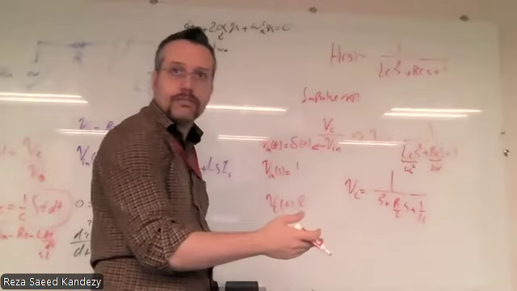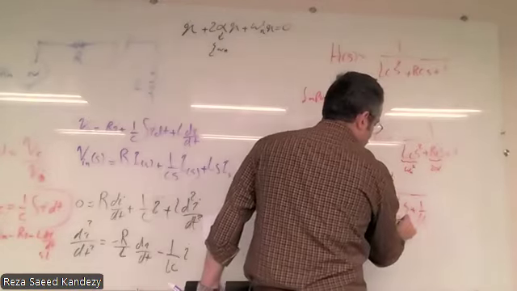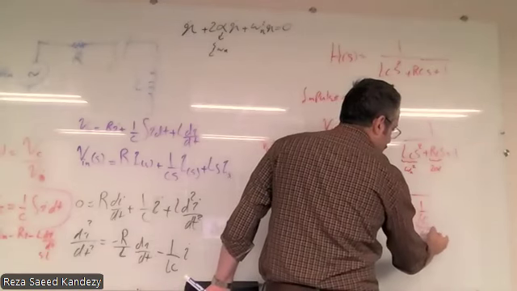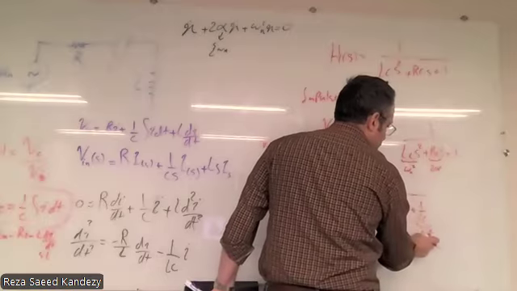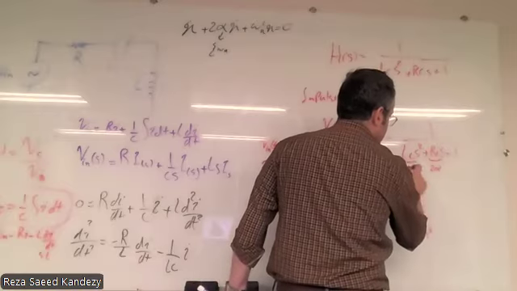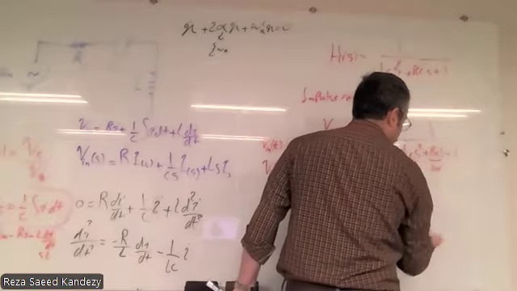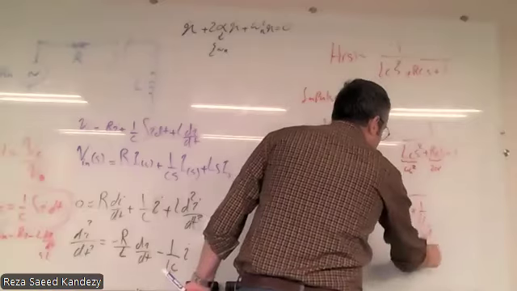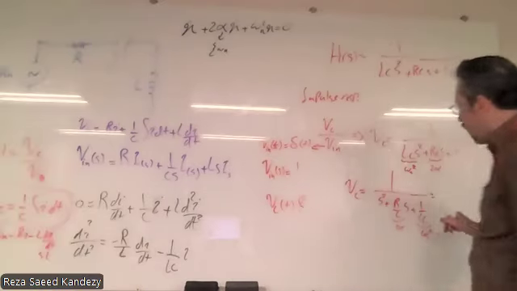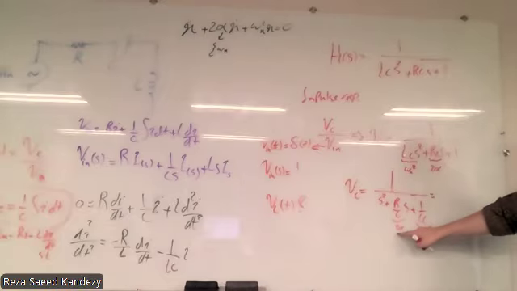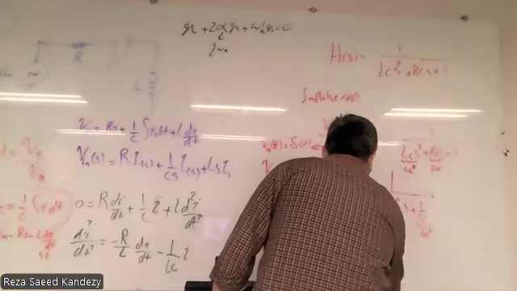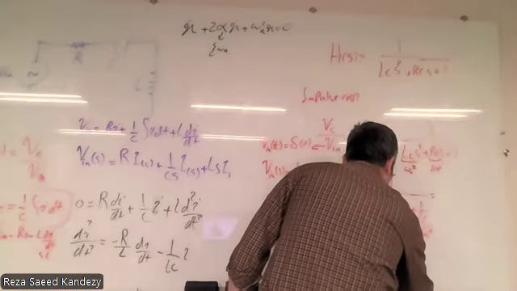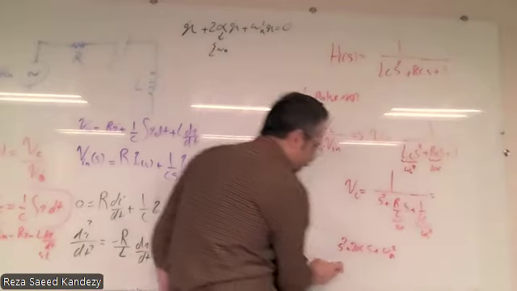I just made it standard. Now, I named this one 2 alpha and this one omega n squared. So I can play with this function: s squared plus 2 alpha s plus omega n squared.